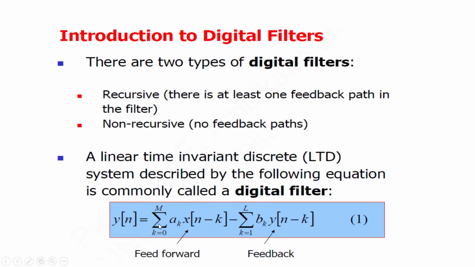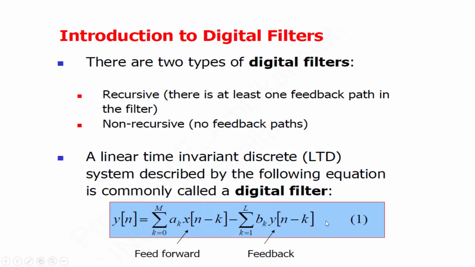So these are the delayed versions of the previous input, minus sigma k going from 1 to capital L, b_k y[n minus k]. So these are the delayed versions of the previous output samples. These are input samples and these are output samples.